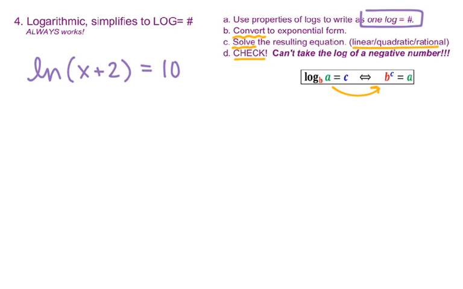The natural log of x plus 2 equals 10. You can clearly see that I have one logarithm on the left equal to a number, 10, on the right. Once I have it as 1 log equal to a number, I can convert it to exponential form.